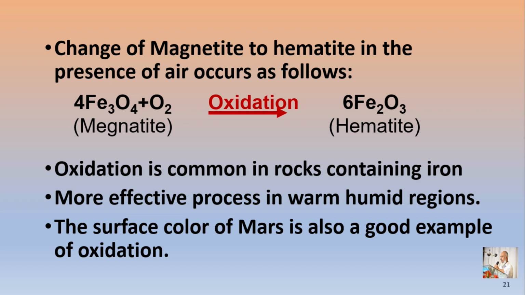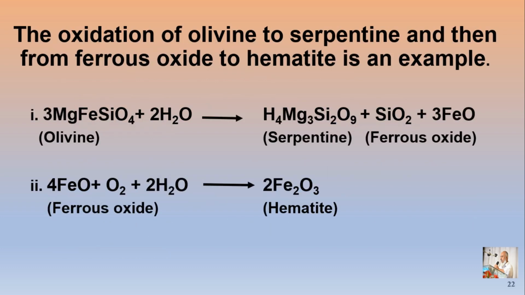The surface color of Mars is also a good example of oxidation. I added this from a book: Mars shows a reddish color because oxidation is happening on that planet. Oxidation of olivine to serpentine and then from ferrous oxide to hematite are further examples.